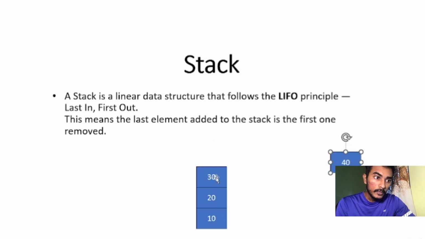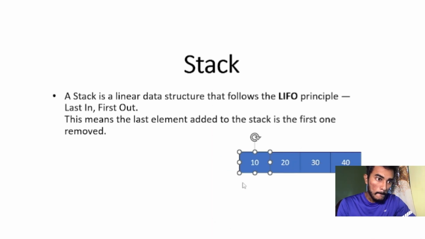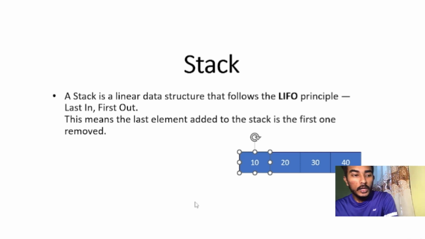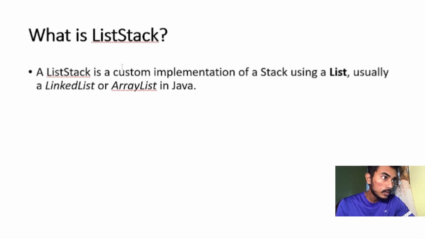But if all elements are removed like this, now you cannot see a stack. Then when you use the isEmpty method, the stack is empty, so isEmpty returns true. Okay, so let's move on.